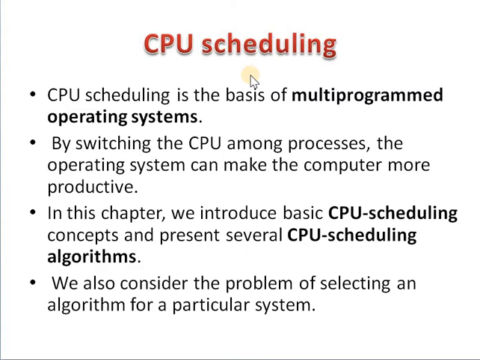In a multiprogramming system, one process can use the CPU while another process is waiting for I/O. This is possible only with process scheduling. So, the process scheduling or the CPU scheduling is needed in our operating system.